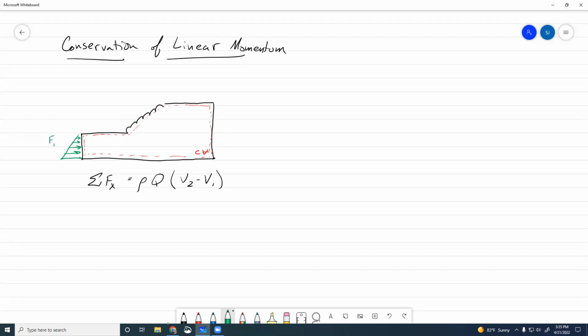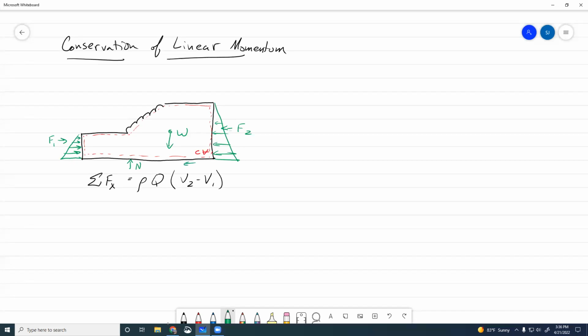This is going to be the force of the hydrostatic pressure force in this direction. We'll have the same over here. We've got the weight of the water. We've got some normal force of the bed pushing back up.